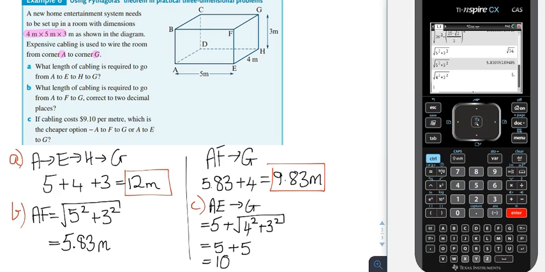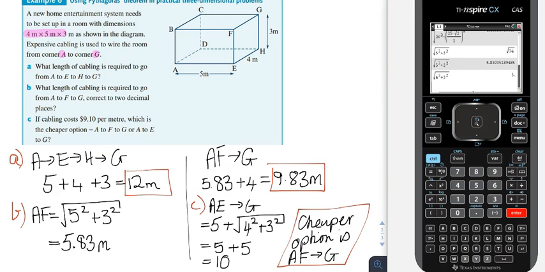So what we can say is that the length from A to E to G is 10 meters versus A to F to G, which is 9.83. Without actually calculating a dollar amount, I can say that this option, AFG, is cheaper because there's less distance. So I'm not actually asked to calculate the cost, I'm just asked to calculate which one is cheaper. So that gives me AFG.